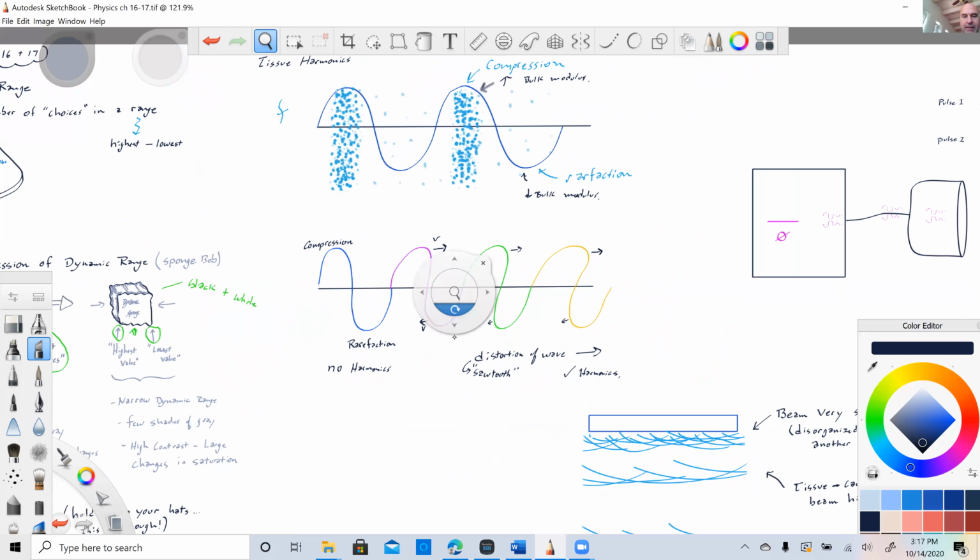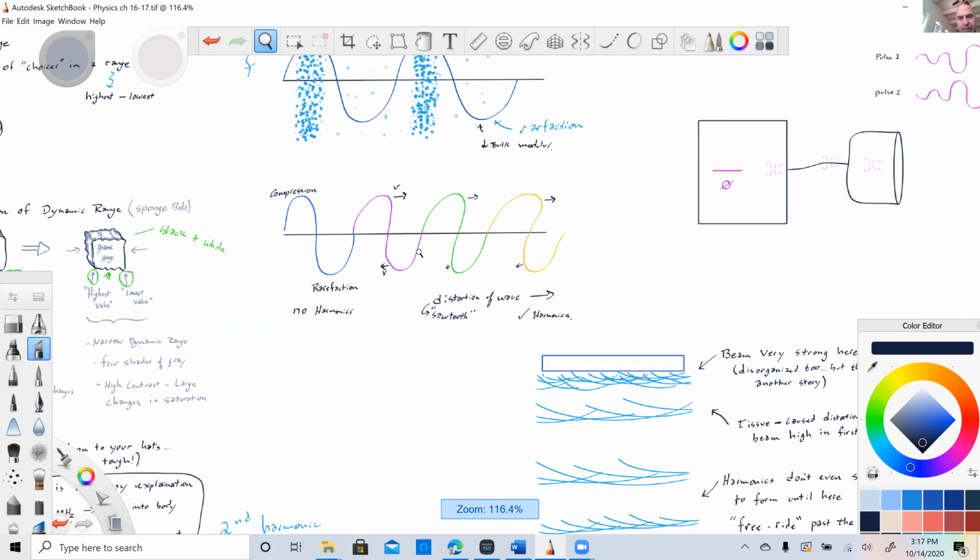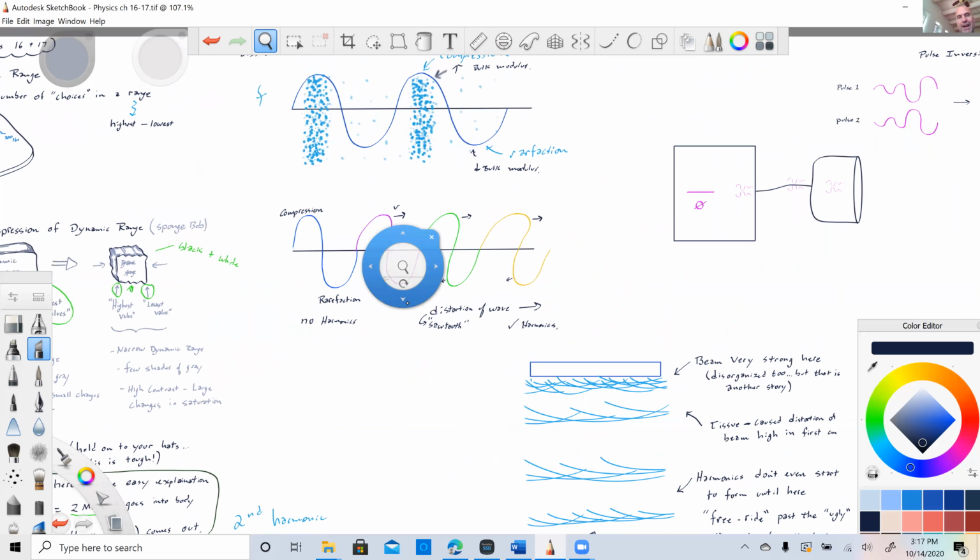For whatever reason, honestly, and sometimes it's a little confusing to me, even after I've studied this for so long, as to why this makes even and odd harmonics, not a half harmonic or 1.5 harmonics, but 2 times the original or 3 times the original for odd harmonics. I don't know exactly why it happens in whole numbers, but it does. And so this creates harmonics.